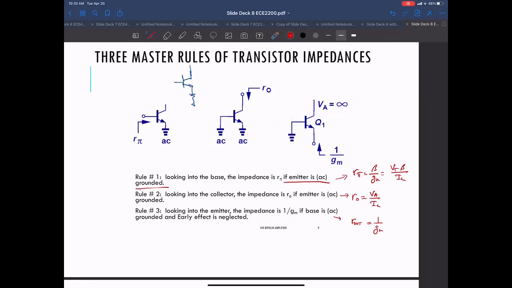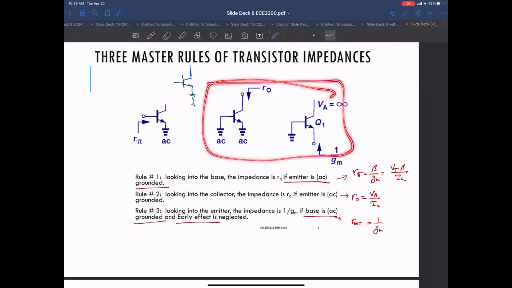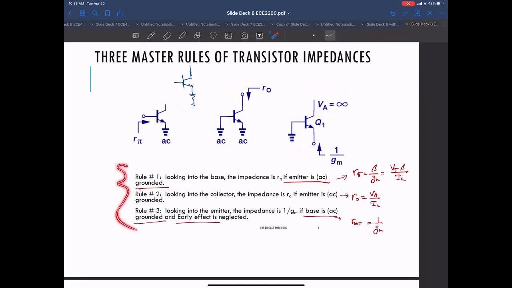So if these two are set, base is AC grounded, we get this 1 over G sub M at the output of the emitter. And these are really important stages. So you see this a lot for input stages, and you see these two depending on your output as output stages. So these are really important rules of thumb to remember.